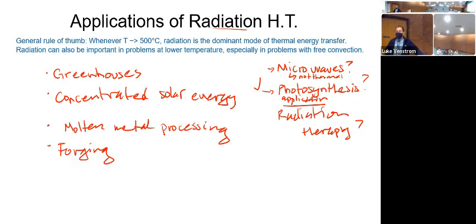Kate? How does a fire, like a bonfire, is that considered? Ooh, definitely. Fires definitely fall into radiation, both because of the temperature associated with the combustion, like when you look at the net heat transfer, there's an exothermic release of energy. When you burn something, it's taking up oxygen, and there's an exothermic energy release from that. And usually it's so intense that the heat transfer isn't sufficient to keep it cool, which is why it gets hot.